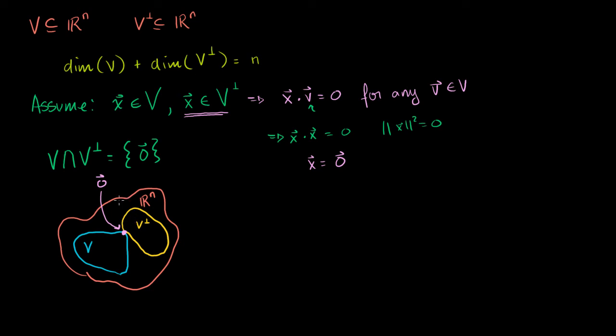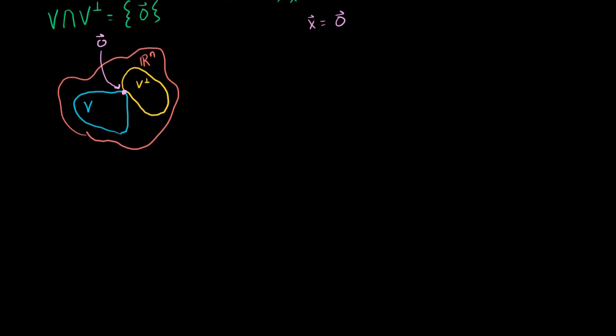Nothing too profound there. Let's see if we can come up with some other interesting relations between the subspace and its orthogonal complement, and maybe some arbitrary vectors in Rn. So let's just write down, well, we know that the dimension, let's say the dimension of our subspace V is equal to k.